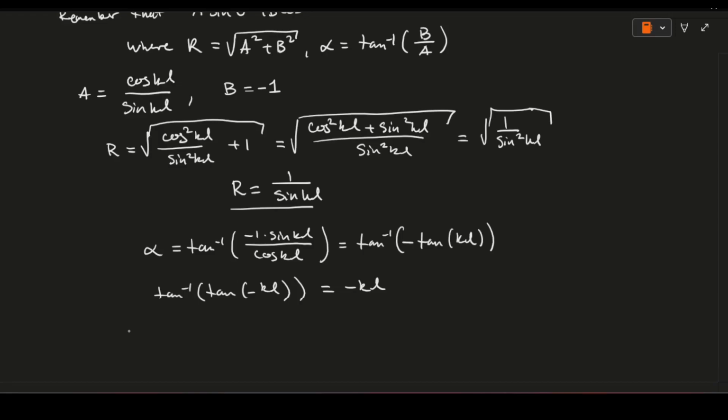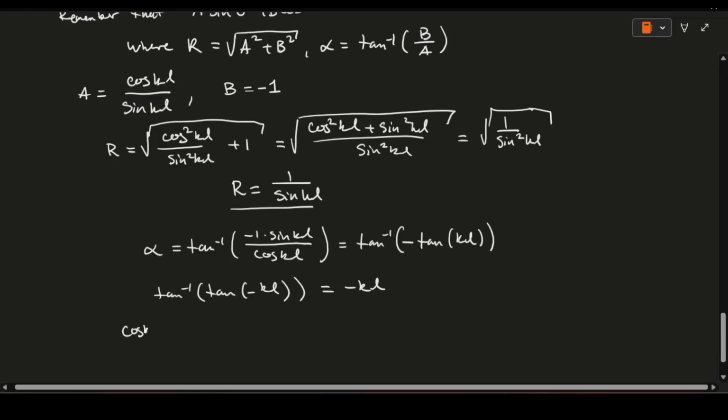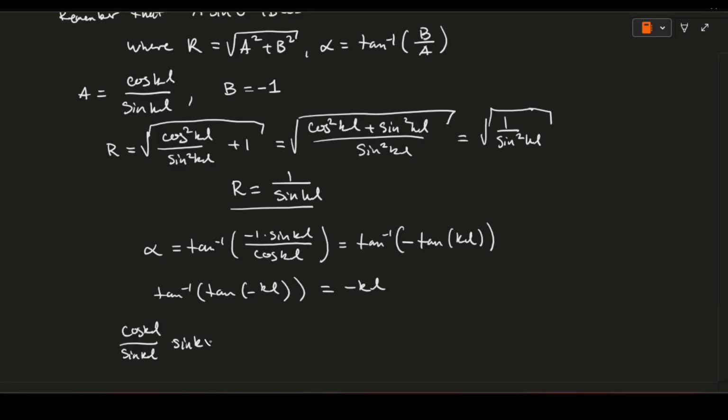So this term, cosine KL over sine KL times sine KX minus cosine KX, is equal to 1 over sine KL times sine of KX minus KL.